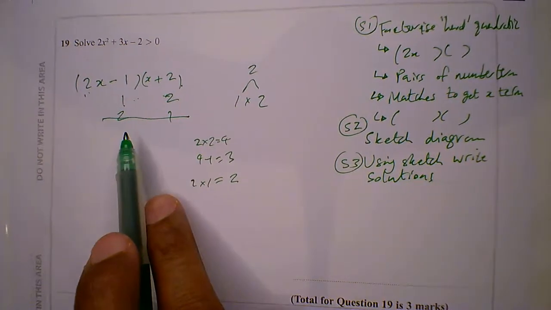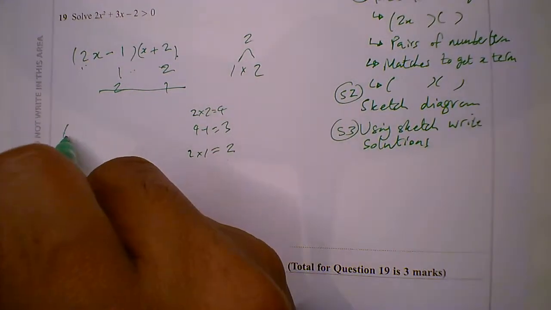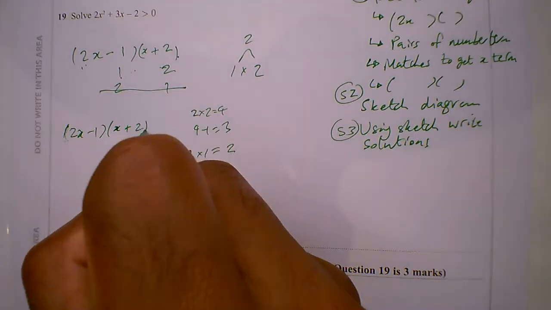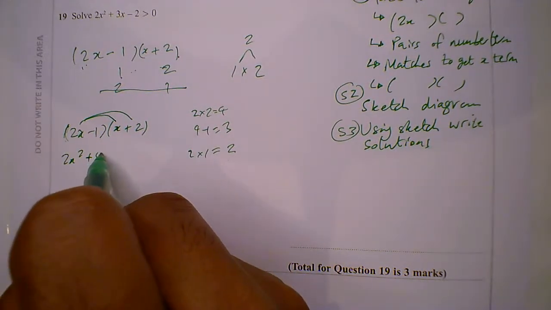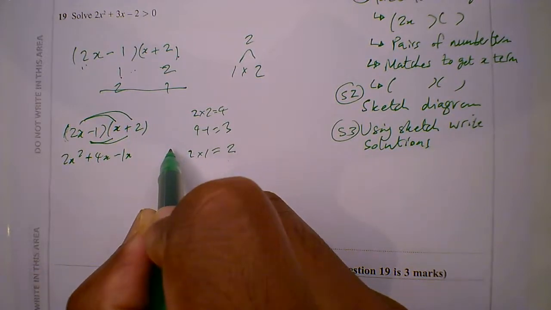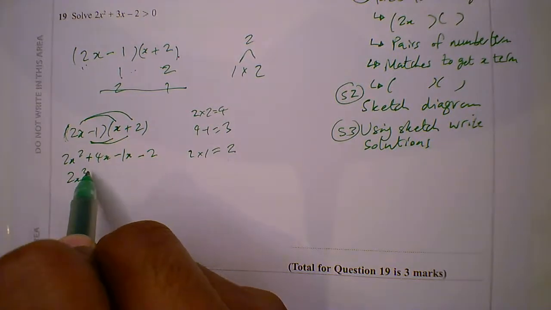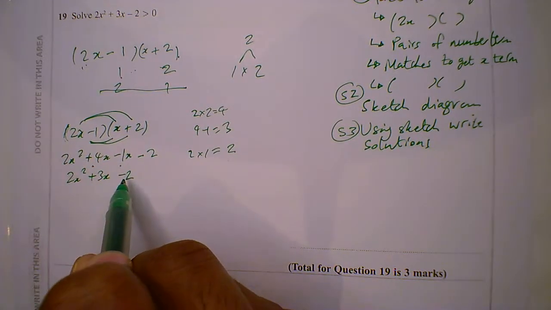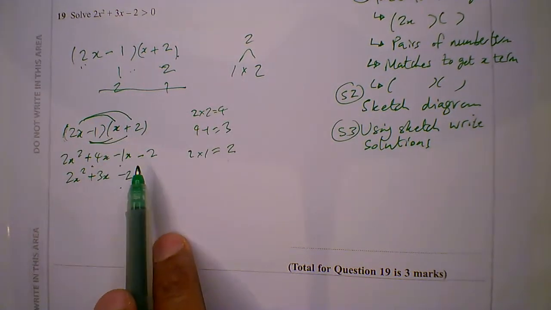Now, as a check, expand these brackets. 2x minus 1 times x plus 2: 2x squared plus 4x minus 1x minus 2. 4 take away 1 is 3, so that's 2x squared plus 3x minus 2. So this matches my inequality there.